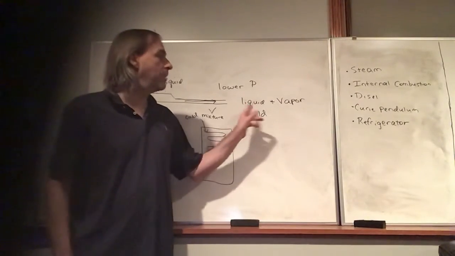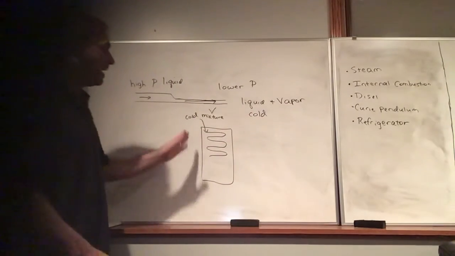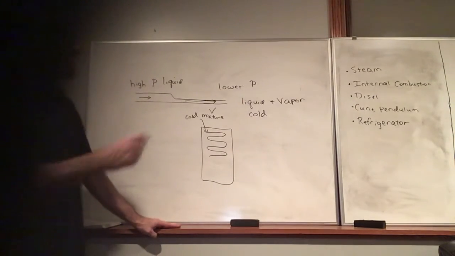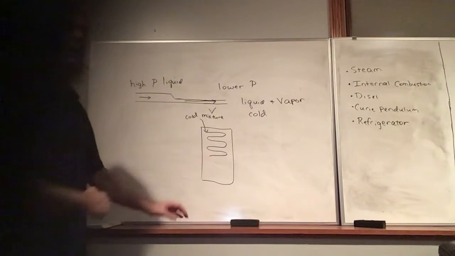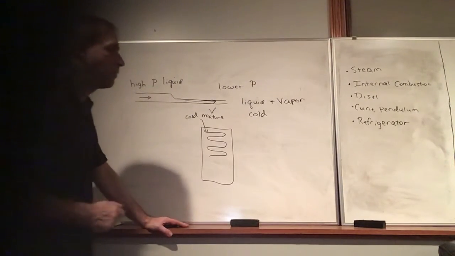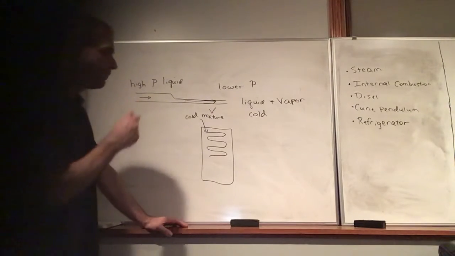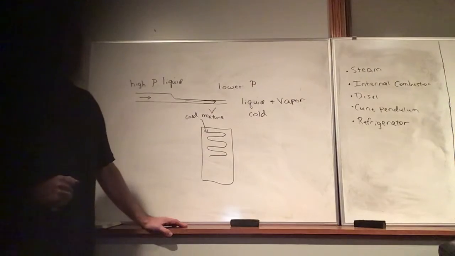It's just turning more and more into vapor. It goes through this meandering process, absorbing heat the whole time, and that's what keeps the interior of the refrigerator or freezer cool. The only difference is the temperature you get to.